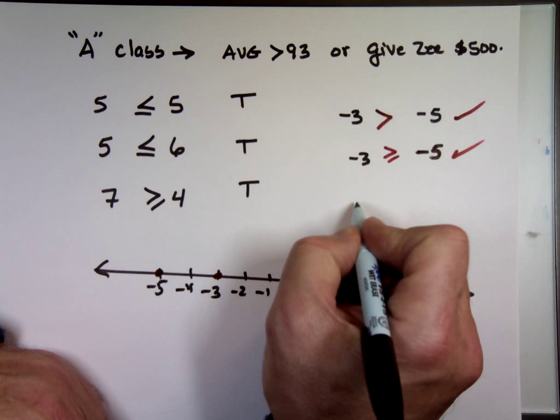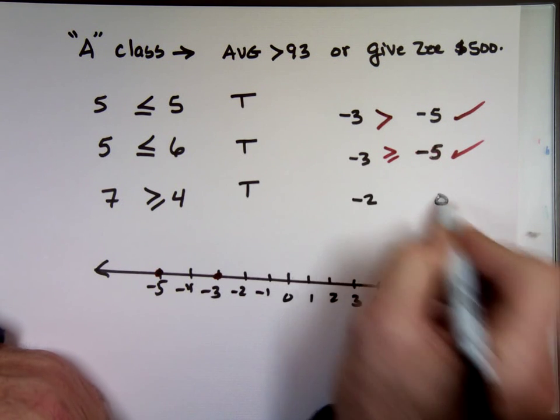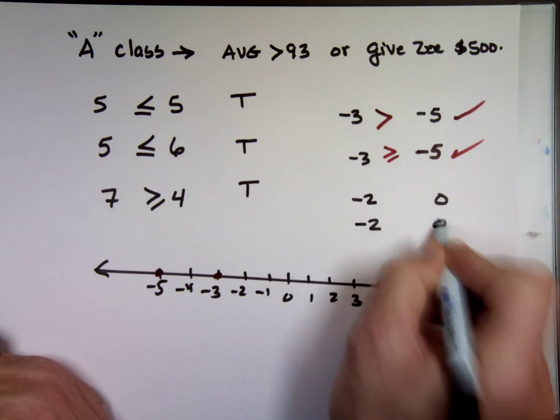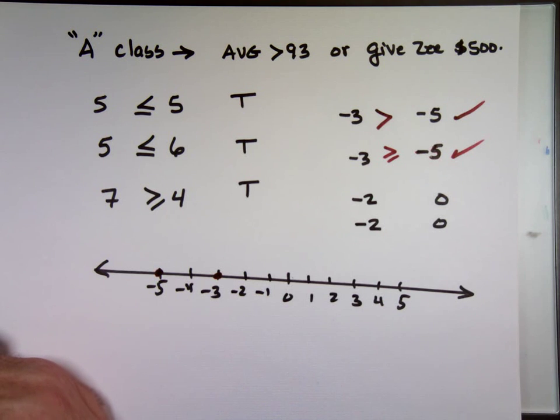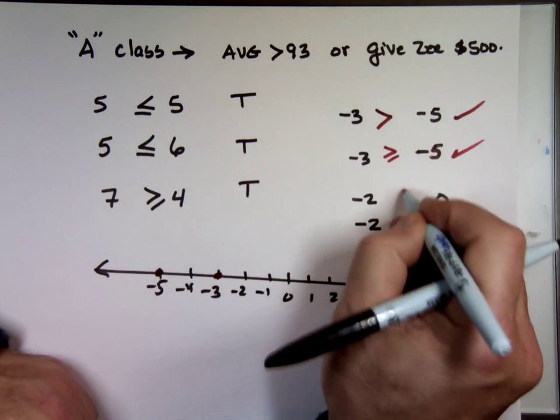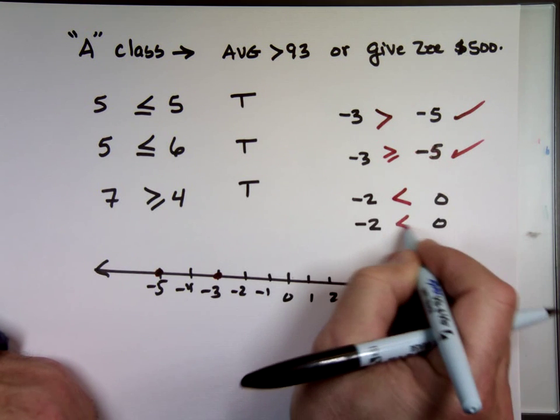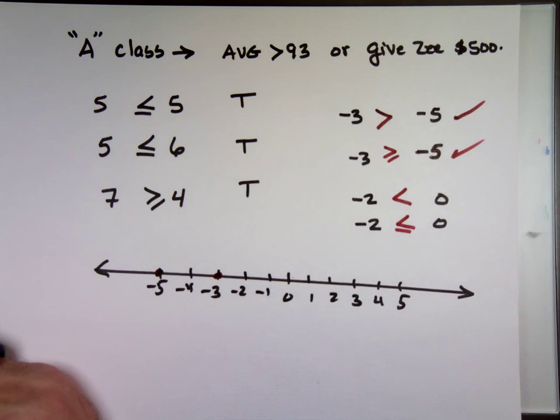What about -2 and 0? 0 is bigger, so -2 is less than 0. I can say -2 is less than 0, or -2 is less than or equal to 0. Both are correct. And that's how we compare numbers.